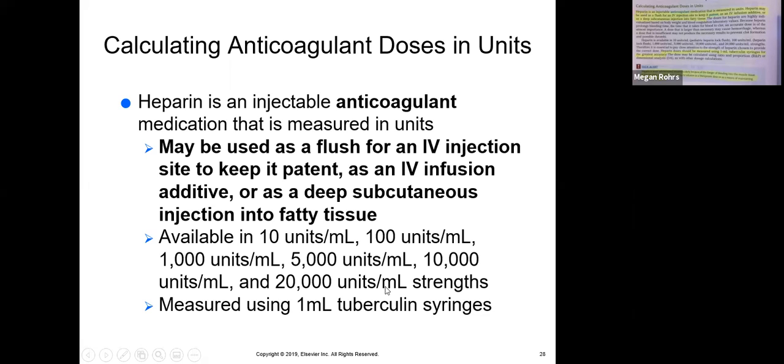So if you weren't looking and you accidentally grabbed 1,000 units per mL instead of 10,000, or 10,000 instead of 1,000, you could potentially inject or have somebody be injected with up to 10 times more of a dose than was actually needed. And if that's a blood thinner, that is going to lead to a life or death situation if we're not able to reverse that very quickly.